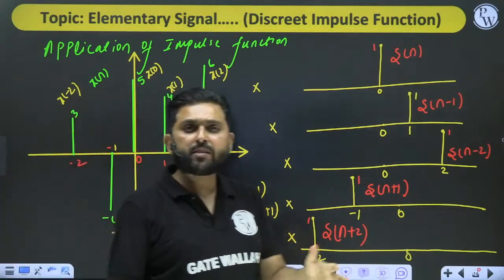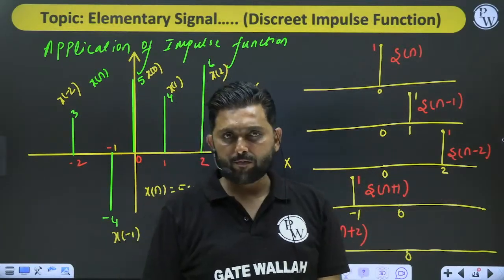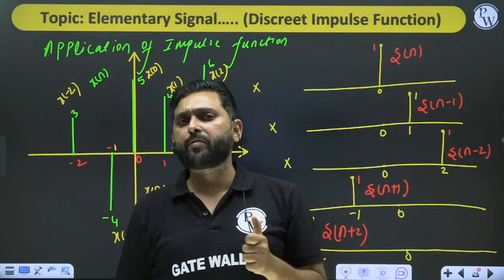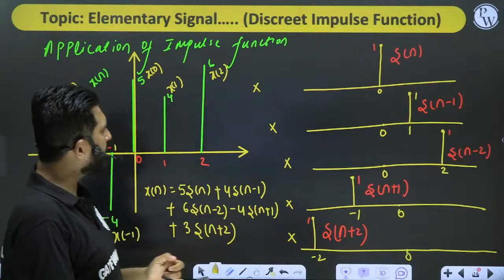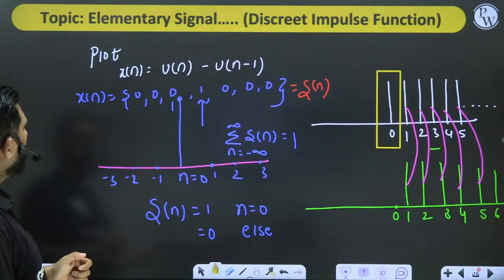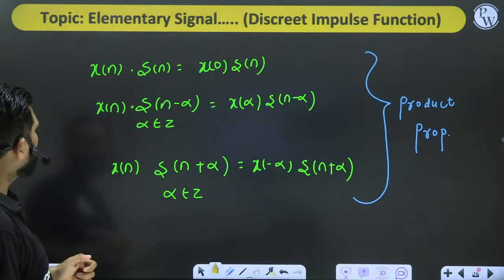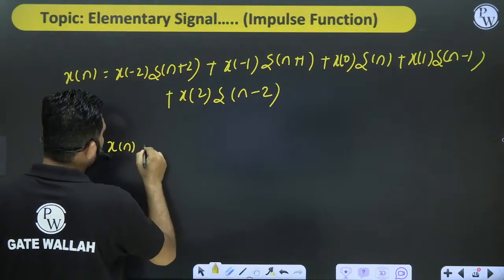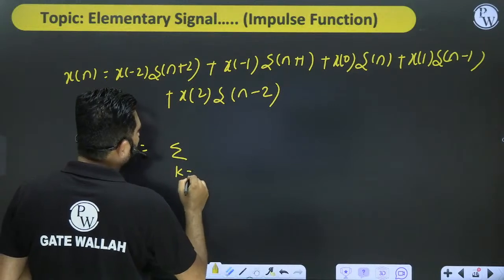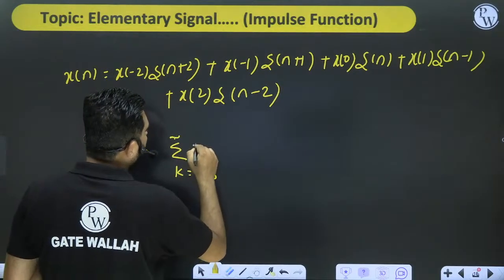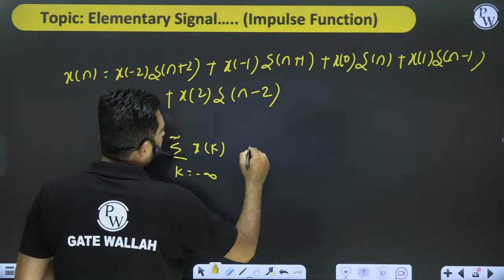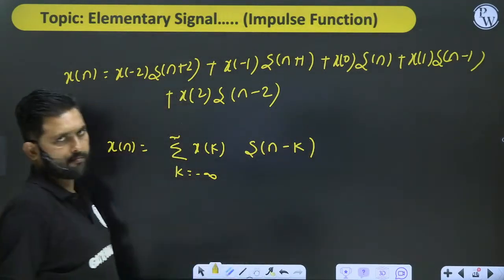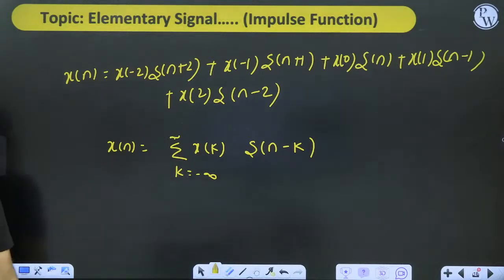Imagine that if this function was from minus infinity to plus infinity, don't you think I can write the same function? x[n] is equal to summation k equal to minus infinity to infinity x[k] delta n minus k.